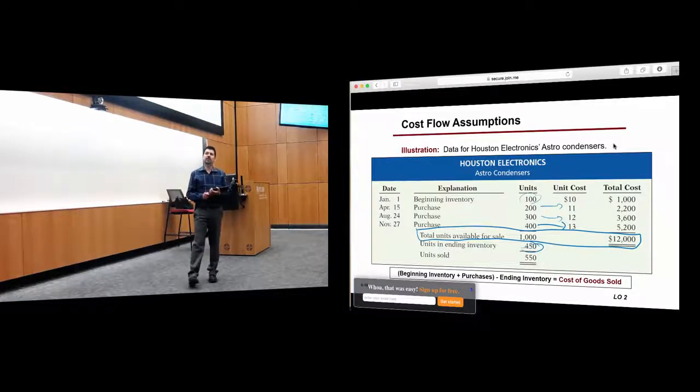And as you remember, we said that the goods available for sale can be calculated by adding the purchases to the beginning inventory level, so beginning inventory plus the purchases will give you the cost of goods available for sale.